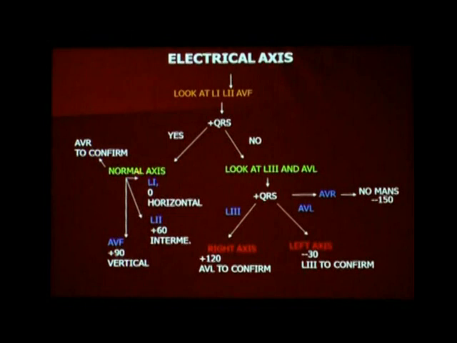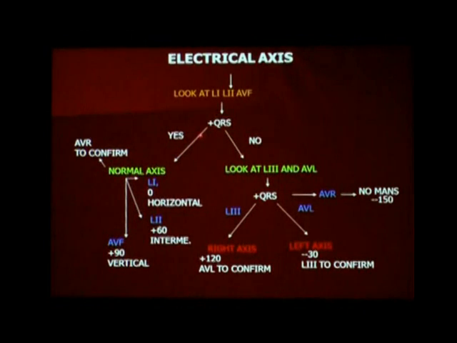Having decided it is normal axis, see which of these three leads has the tallest positive QRS complex. If L1 has the tallest positive QRS complex, the axis is 0, the position is horizontal. If L2 has the tallest positive QRS complex, it is an intermediate heart, the axis is 60. If AVF shows the tallest positive QRS complex, it is a vertical heart, the axis is plus 90.